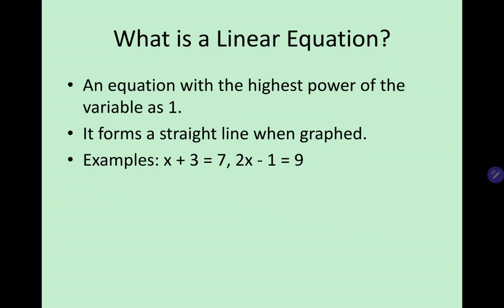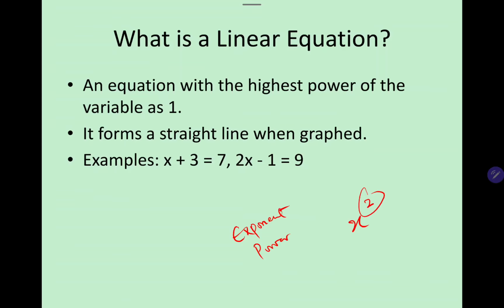A linear equation is an equation with the highest power of the variable as 1. When we say power or exponent, remember what we learned in our indices class. When we say x raised to power 2, for instance, that is x exponent 2.